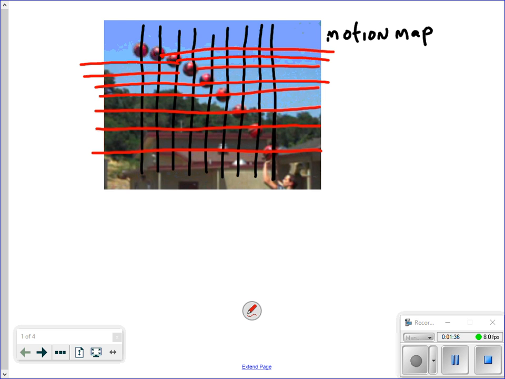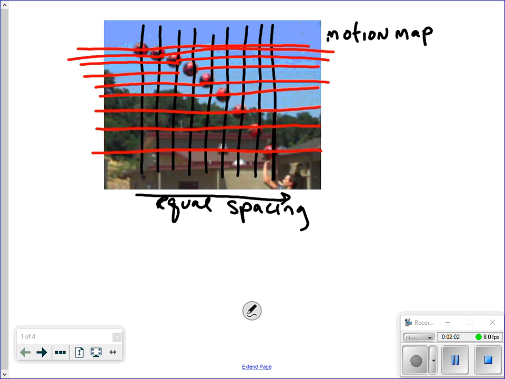All right, and what we can see is that we've got a pattern, or we've got a couple of patterns here, really. If we look at what's going on from left to right, as poorly as I have drawn this, I think what you can see is that you have equal spacing between your lines.